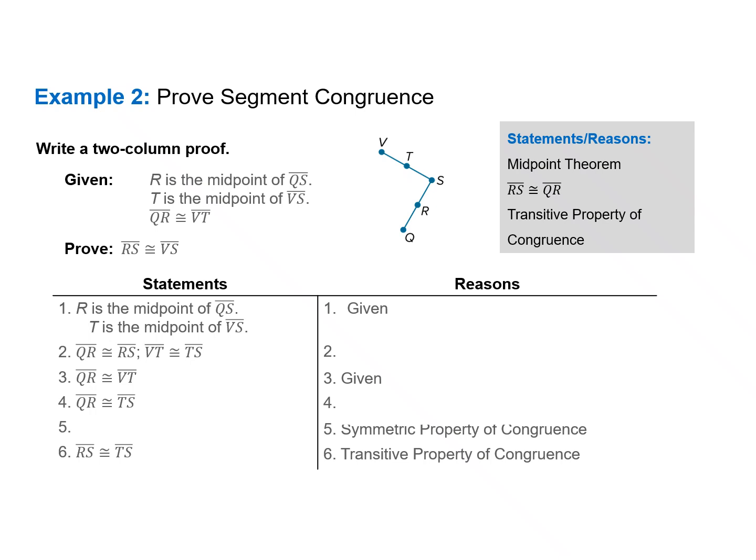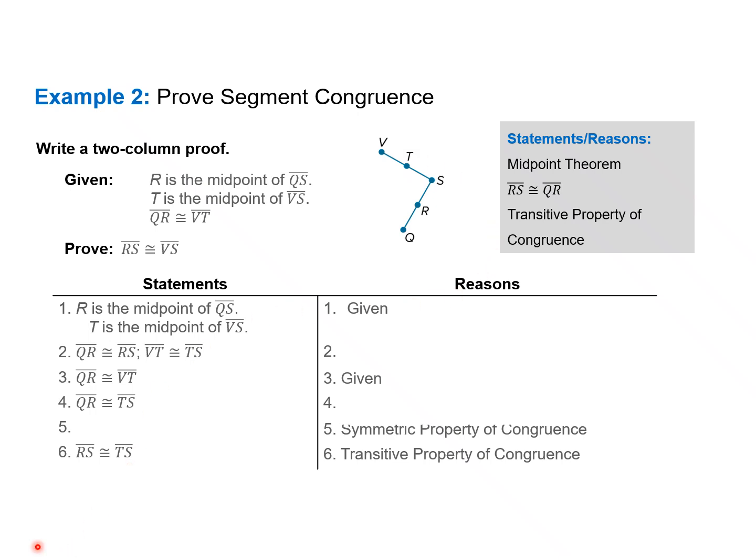Let's look at example 2, prove segment congruence. Write a two-column proof. You're given R is the midpoint of QS and T is the midpoint of VS, and then you're given QR is congruent to VT.